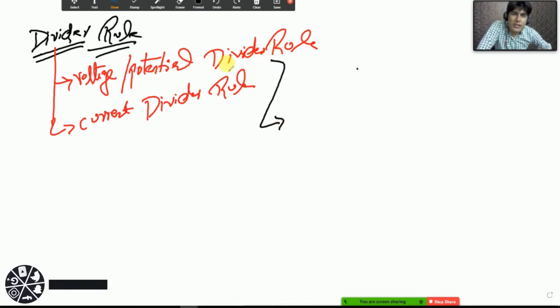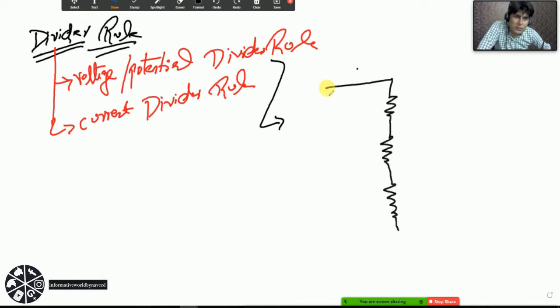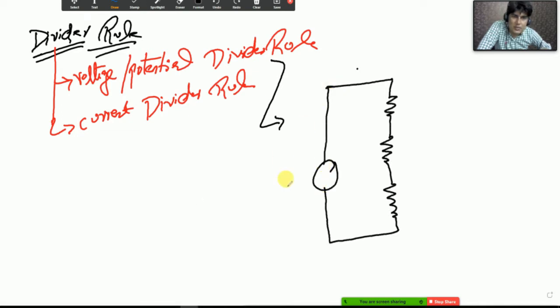So potential divider means potential division, and potential division occurs in a series connection. If you connect lots of resistors in series, then there will be potential division across all these resistors. Let's say this is 500 volt, so some potential will drop across this, some across this, and some across this resistor.